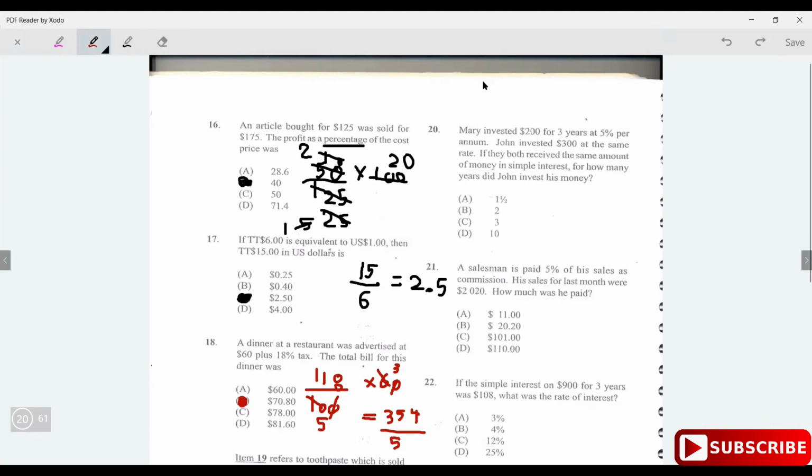So that means Mary's principal of 200 times her rate of 5%, which is 0.05, times the time of 3, is equal to John's 300 times his rate, I'm just going to write R for rate. Let's make some more space.